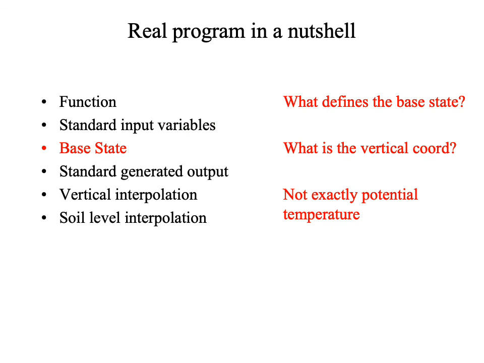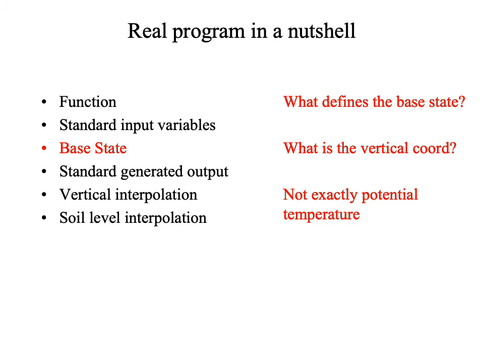There is a base state that is defined inside of the WRF model. What the base state does is provide a numerical contrivance, an engineering solution to allow the model to have a free extra digit or two when it's doing some horizontal differencing.